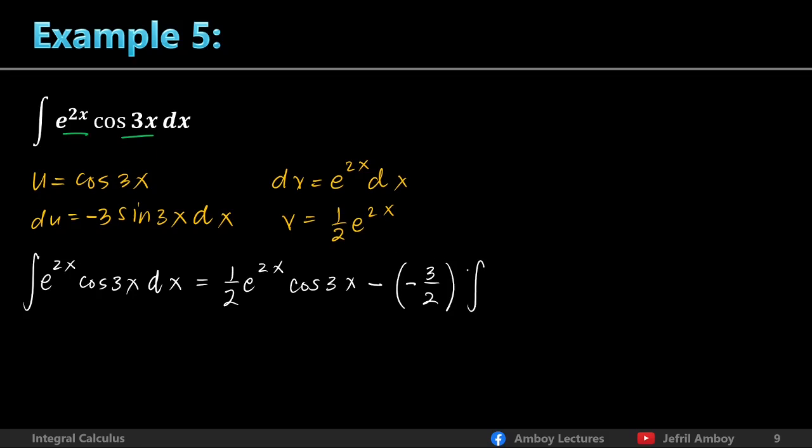So, e to the x times sine 3x dx. Ayan. Okay, simplify natin para maganda siyang tingnan. So, we have 1/2 times e raised to 2x times cosine of 3x minus minus is plus.